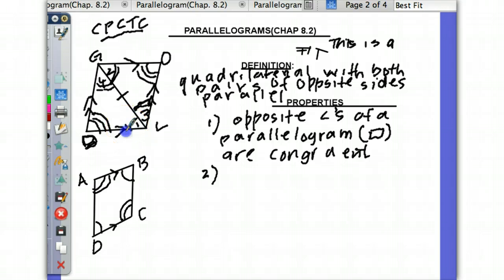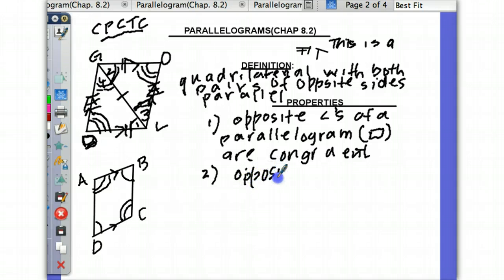All right, let me help you. DL would have to be the same as what? GO, they're matching parts. In general, therefore, we can say that opposite sides of a parallelogram are congruent.